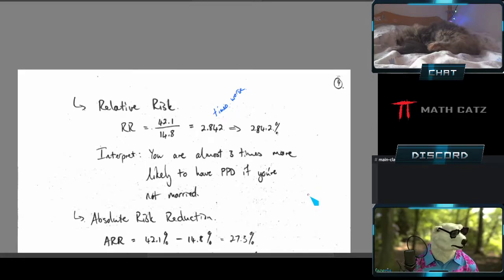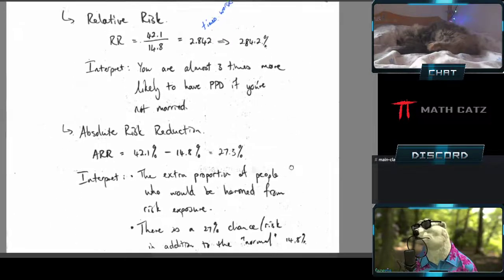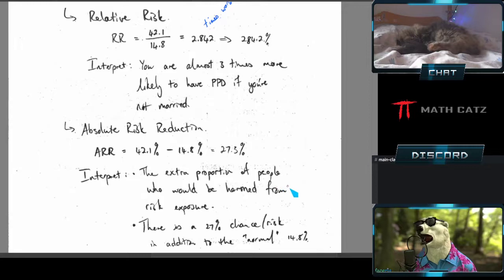Now, addition and subtraction with percentages is not common, but in this case, an alternative is to see the difference between the two percentages, in this case 27.3, and then we can interpret that as the extra proportion of people who would be harmed from the risk exposure. So if I look back, where's my slide?